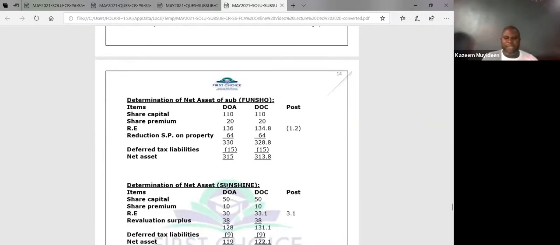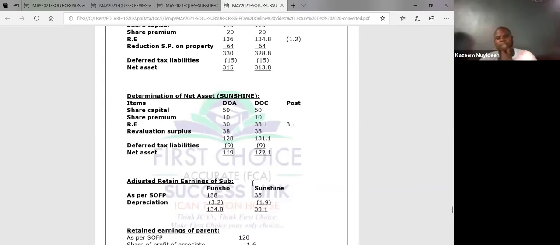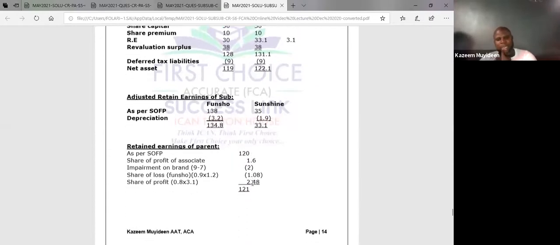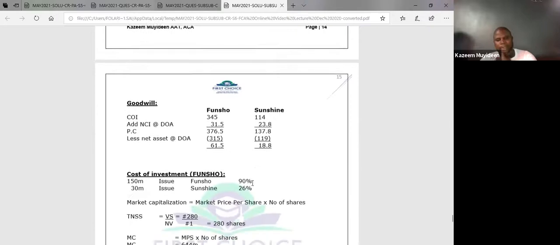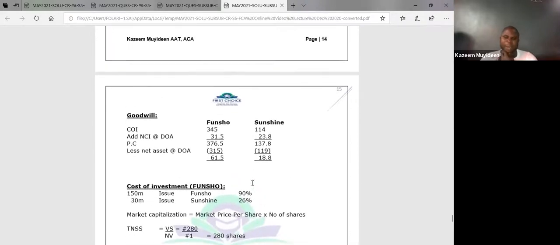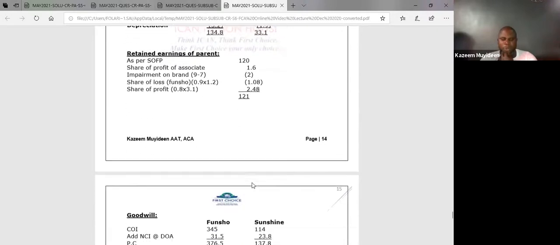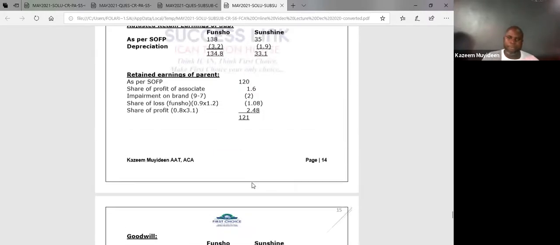Determination of net asset of Sunshine. Adjusted retained earnings of subsidiaries. Retained earnings of the parent. Goodwill. I will now start my working. I've gotten the goodwill. I can now start the working.